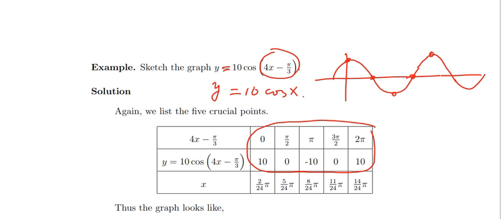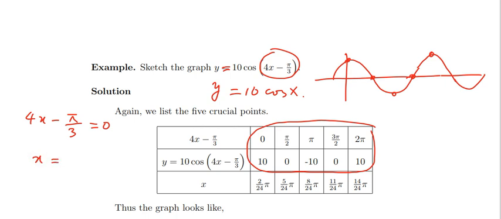So here we want to find x and y. We want to put the points of x and y, not 4x minus pi over 3. So we need to find those x's. When 4x minus pi over 3 equals 0, we need to find out what x is.